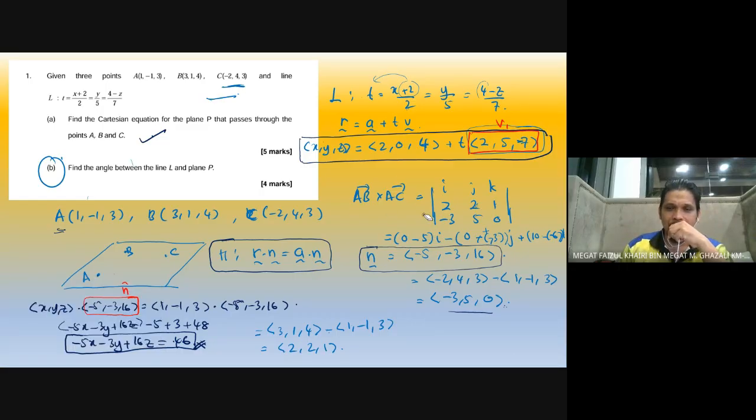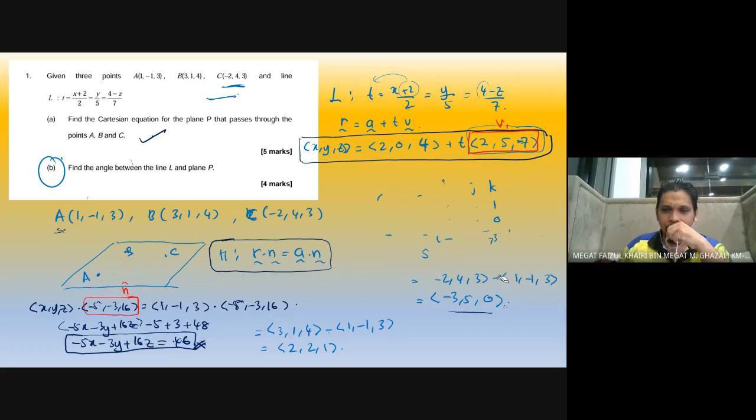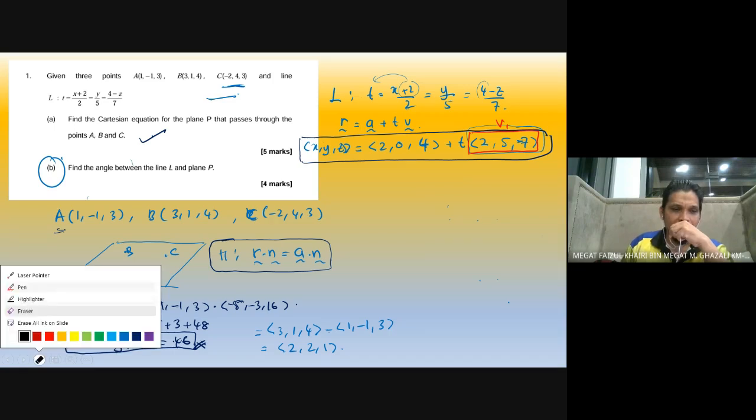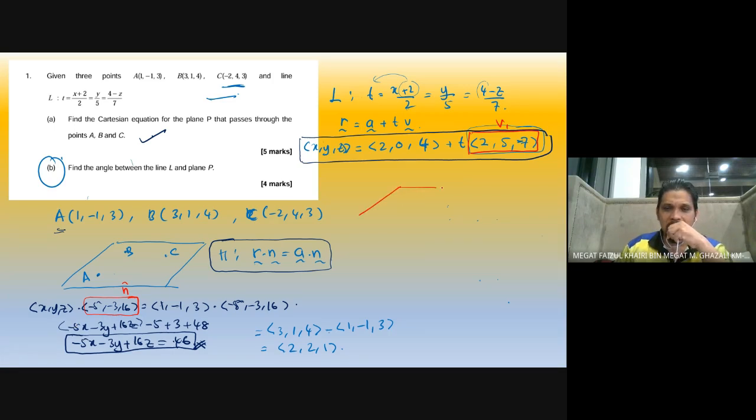Okay, so now just imagine that this is the plane. And I mentioned just now there are the coordinates of A, B, and C. And we have found out the normal of the plane, which is 90 degrees to the plane.